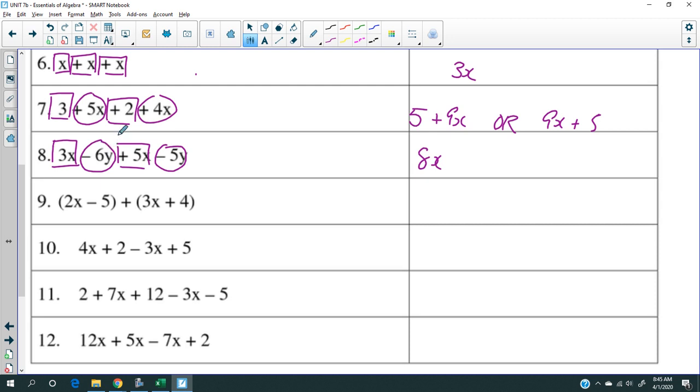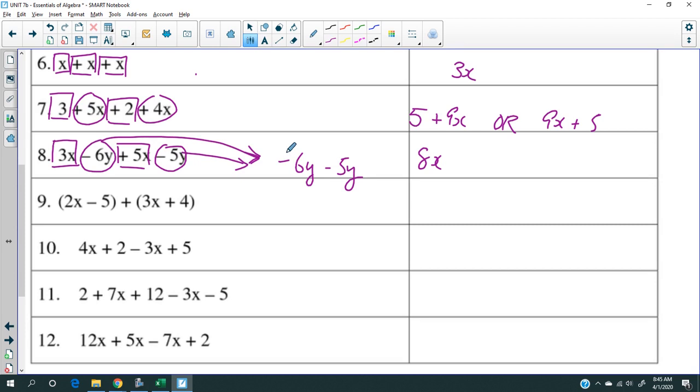Now, oh man, I messed up. Some of you can do it, some of you can't. So this is the problem here. Let me just highlight this to you. So this is negative 6y minus 5y. Now, I'll help you out a little bit.